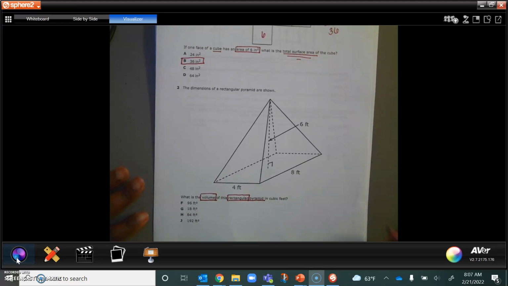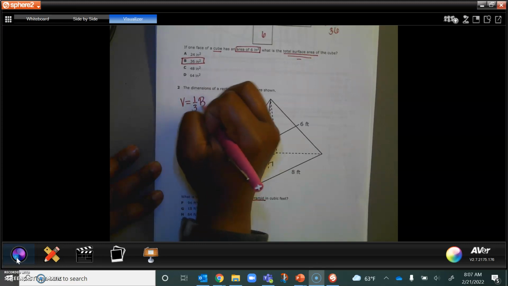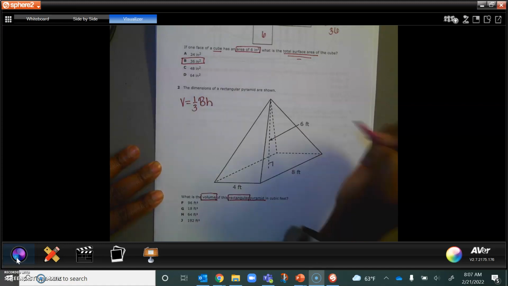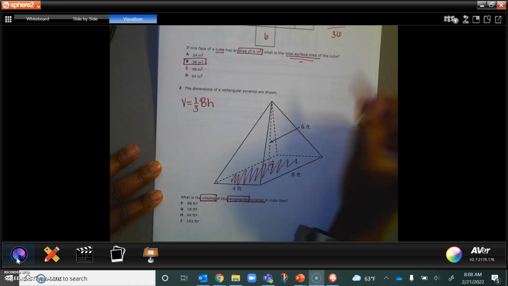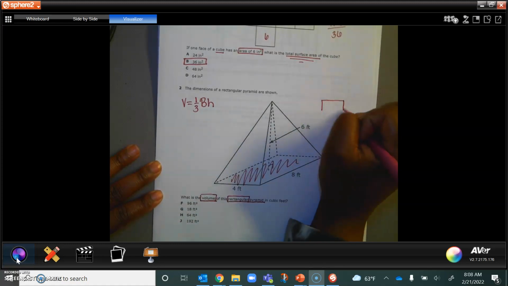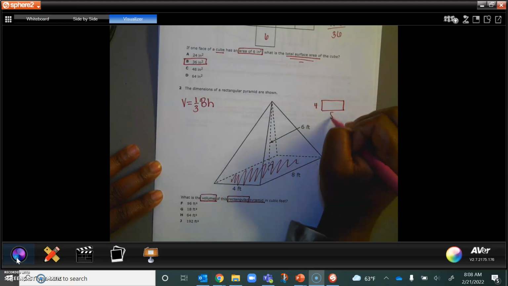First, I'm going to start off with the formula for volume of a pyramid, which is volume is equal to 1/3 times area of the base times height. Remember, big B is area of the base. So I'm going to shade my base, and draw my base off to the side and label it so that I can find the area of my base.